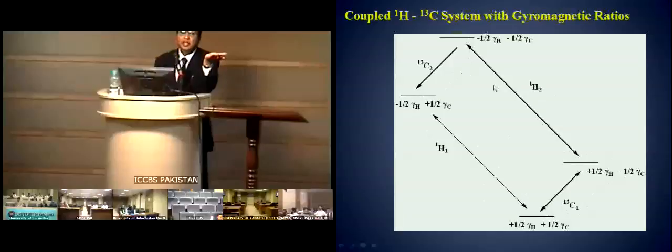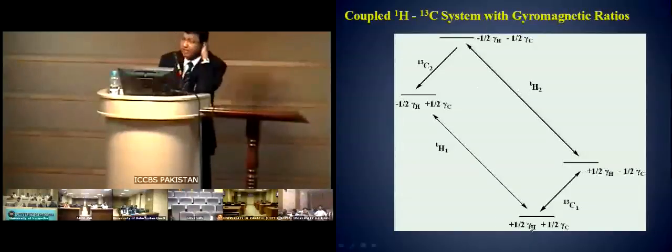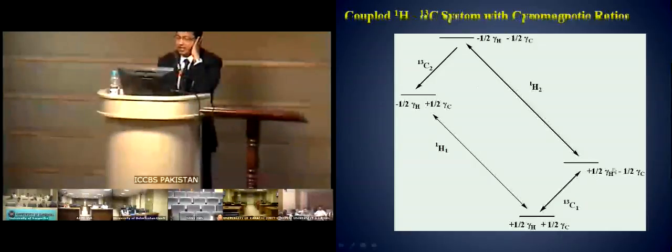I just converted the whole thing into spin half, because we all understand that carbon 13 and proton and fluorine are spin half nuclei. And we all understand that plus half means a lower energy state, and we understand that negative half means the opposite. Here you have a plus half and a negative half, and you have a minus half and positive half.